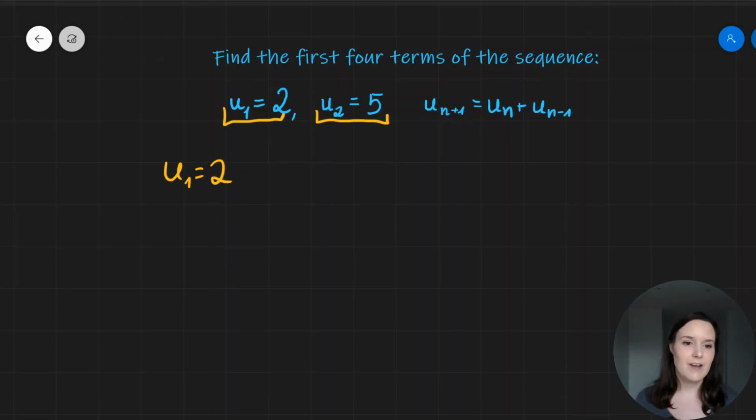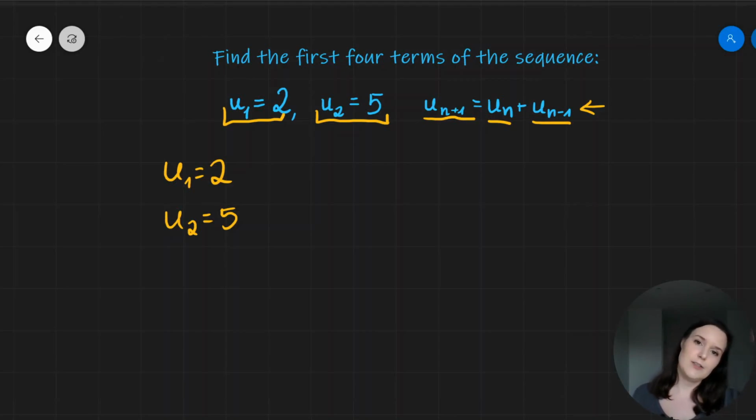U2 is 5. And then U(n+1) is U(n) plus U(n-1). So to create the next term, I have to take the 2 previous ones, U(n) and U(n-1), and add them together.